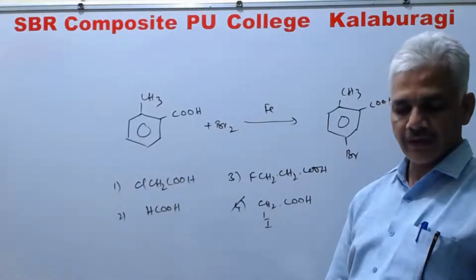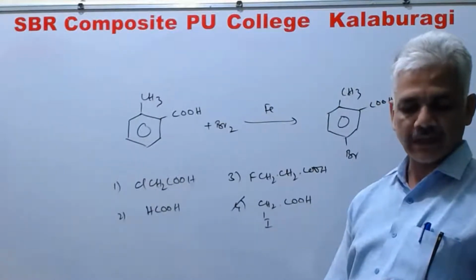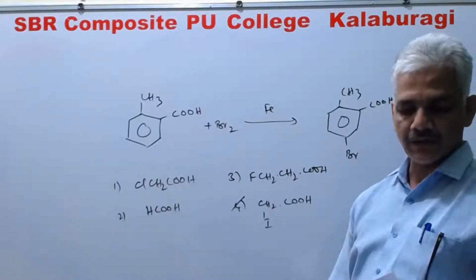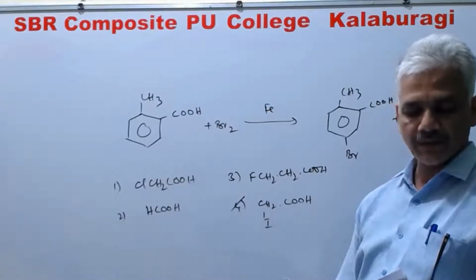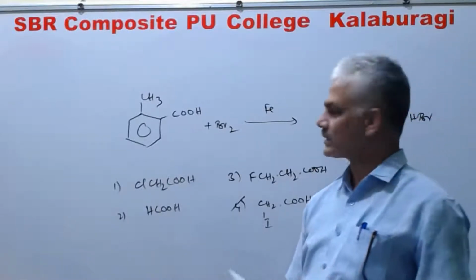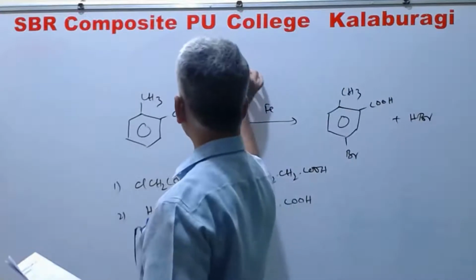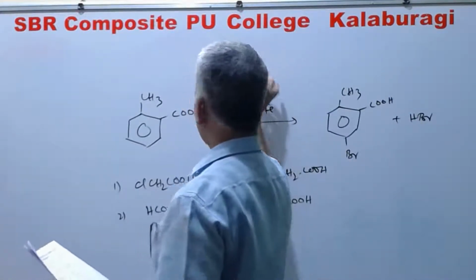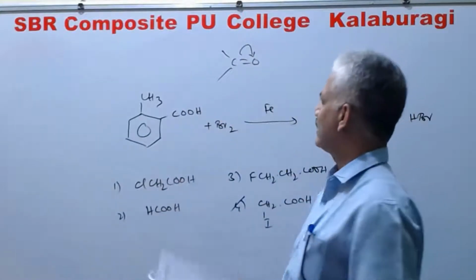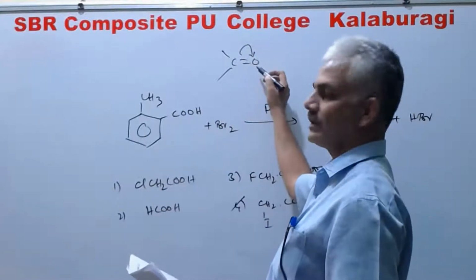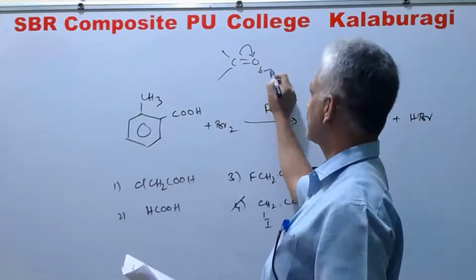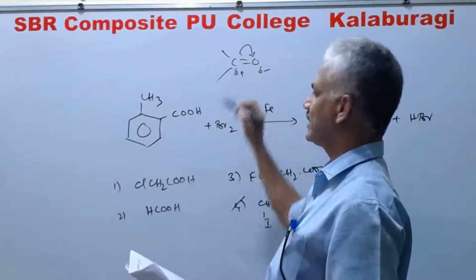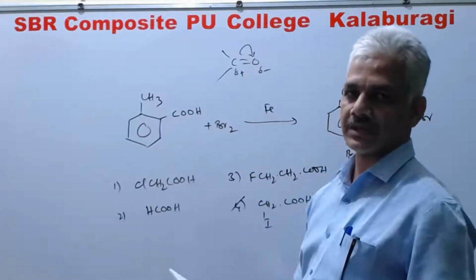Next, the carbonyl group undergoes electrophilic addition reactions, nucleophilic addition reactions, both A and B, or none of these. The carbonyl group is a C double bond O. Here, due to the difference in electronegativity, the pi electrons are shifted towards oxygen. So oxygen carries a partial negative charge, and carbon carries a partial positive charge.